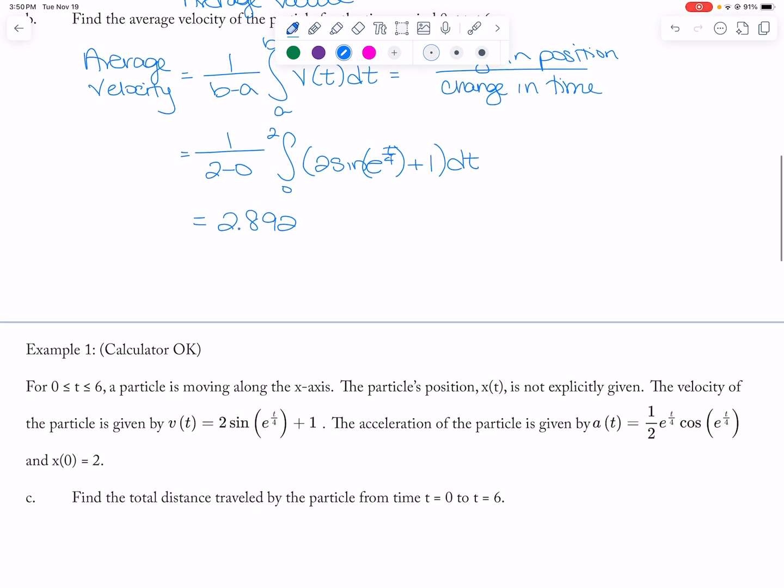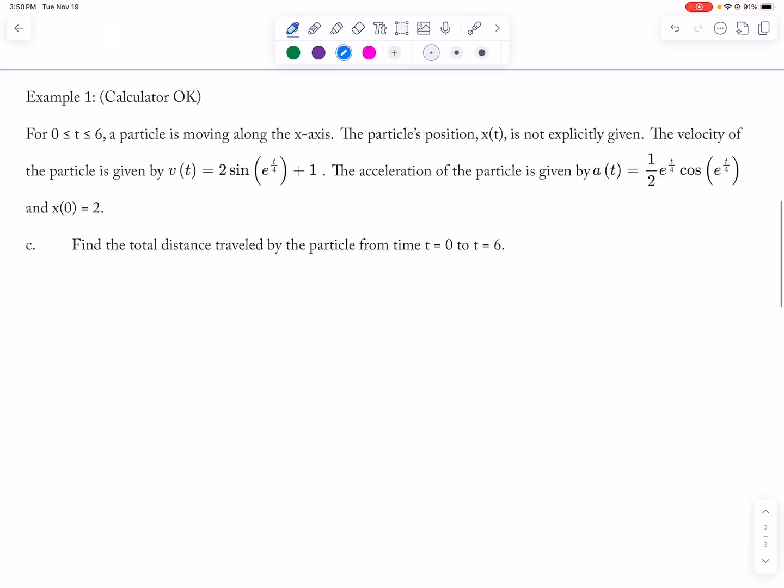All right, so now I want the total distance traveled, which, because I'm using a calculator, is pretty easy, because I can have the calculator do all the work for me. So I'm going to go from 0 to 6, and it's going to be the absolute value of 2 sine e to the t over 4 plus 1.